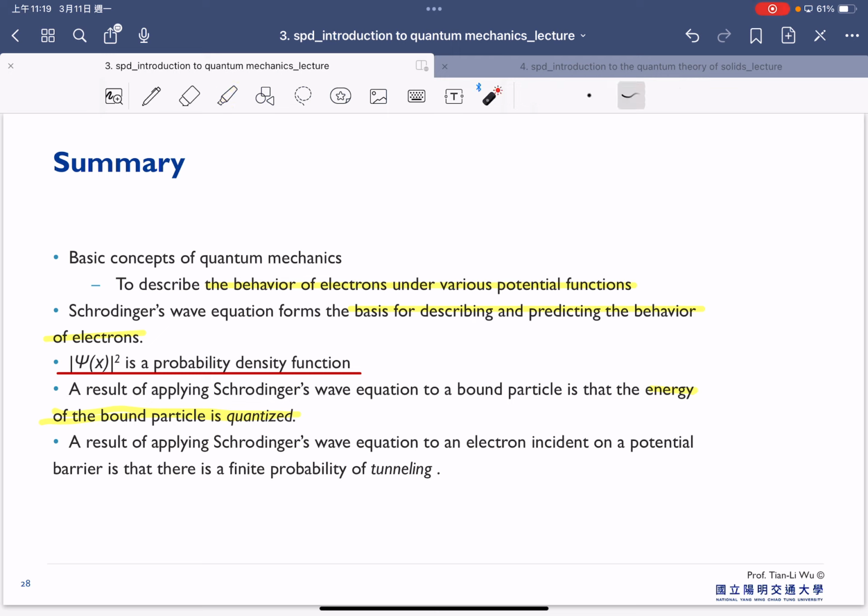And as a result, applying the wave equation to an electron incident on a potential barrier, there is a finite probability of tunneling. So in the end, this is the conclusion here.